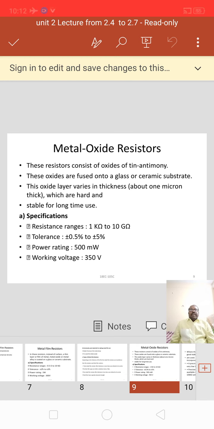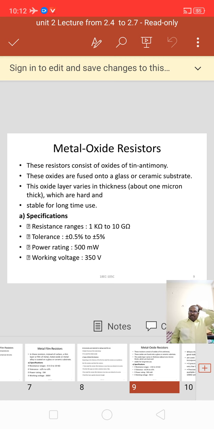Next, metal oxide resistors. These metal oxide resistors have a thickness of about 1 micron. The most important advantage of metal oxide resistors is that they are stable for long time use.